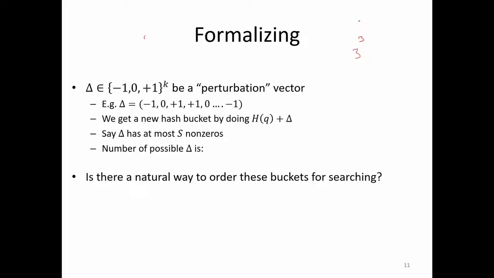Now, if your k becomes higher, then your number of probing buckets increases exponentially. So you cannot search all these probing buckets, or the number of points in all these probing buckets may be too high.